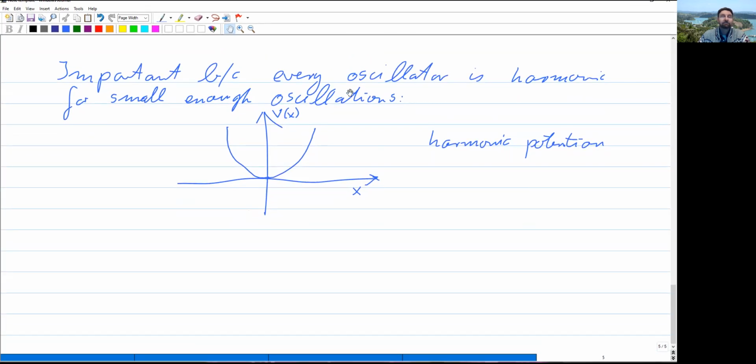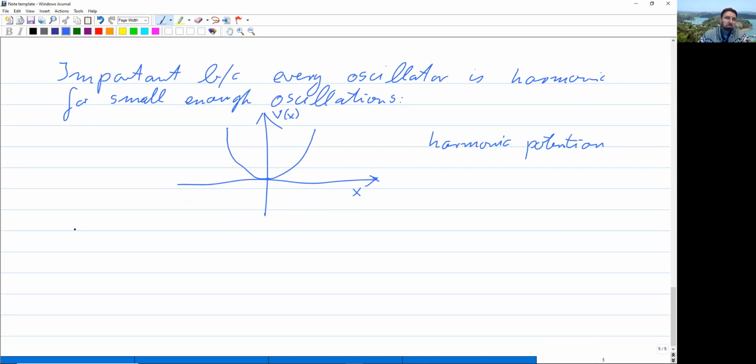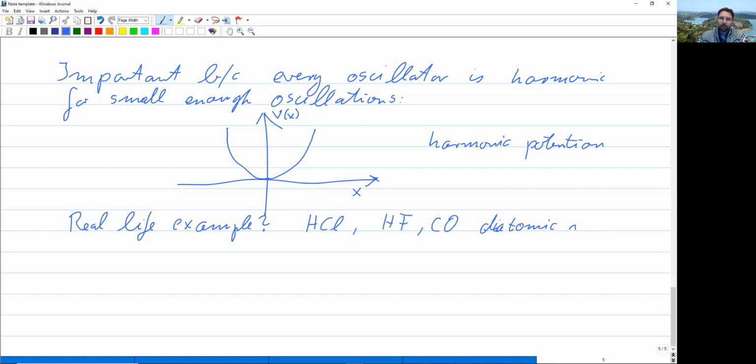Now, how does a real life potential look like? Real life example. Well, let's say we have a molecule such as HCl or HF or H2 or carbon monoxide, etc. These are diatomic molecules.